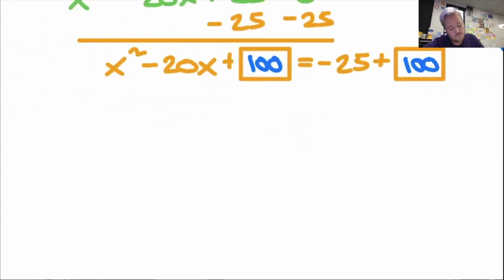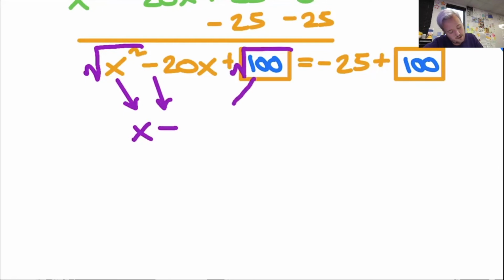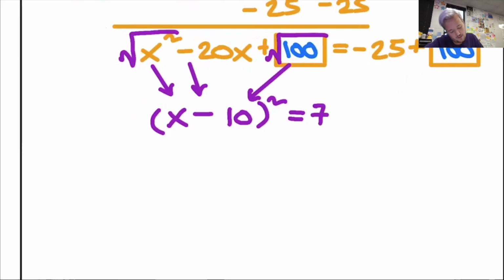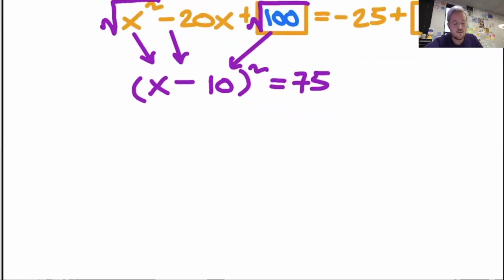So on the left side, when I start factoring, square root here is going to be x, keep the sign, so minus, and then square root of the last, which is 10 squared, equals -25 plus 100, which is 75. All right, and now I'm going to go ahead and start solving.